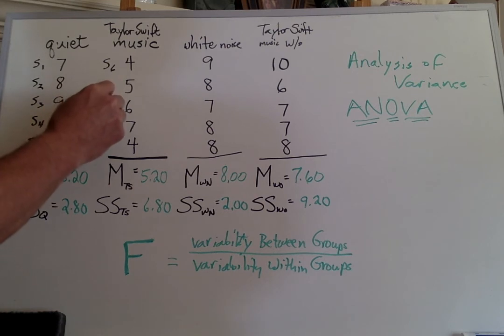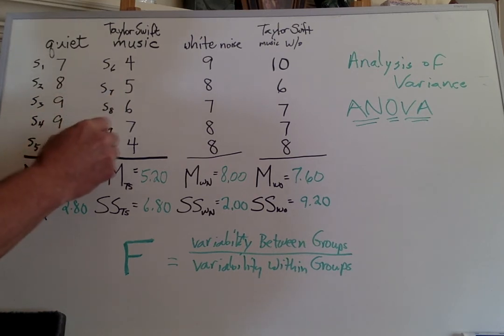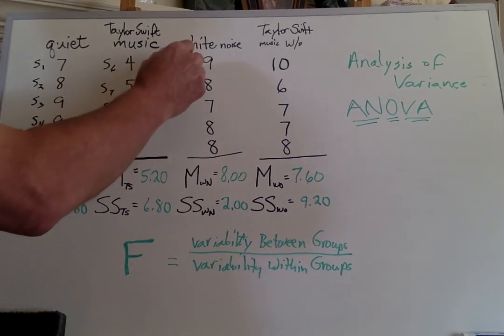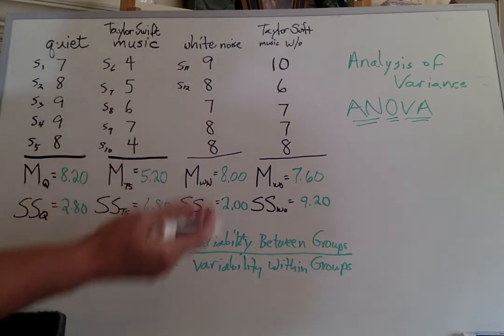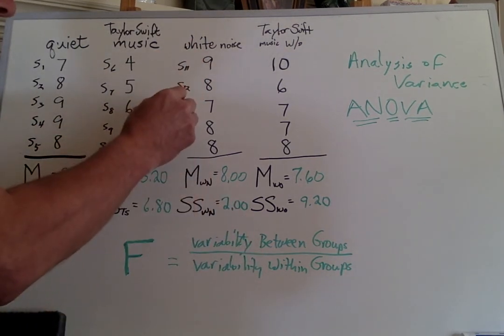Different people in each of these groups. And how many do we have all together? 20, right? We have 20 people all together.